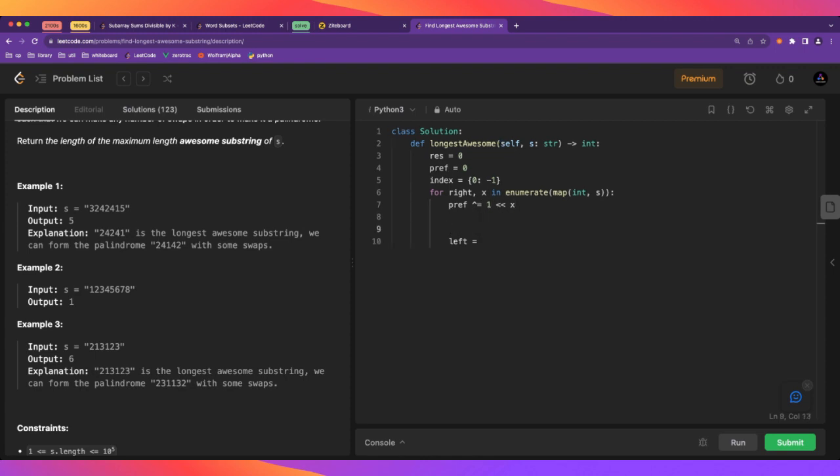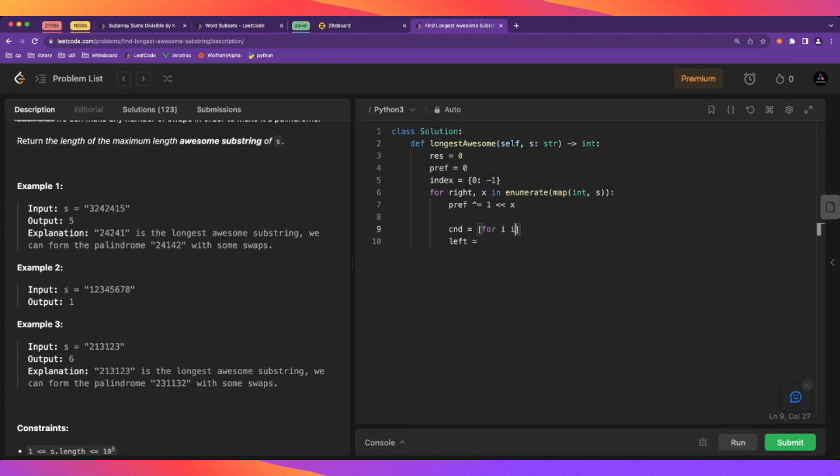So we said that there were 11 possibilities. So let's call them candidates. There are 11 possibilities for the counts that are awesome. Okay, so let's go over all of them.